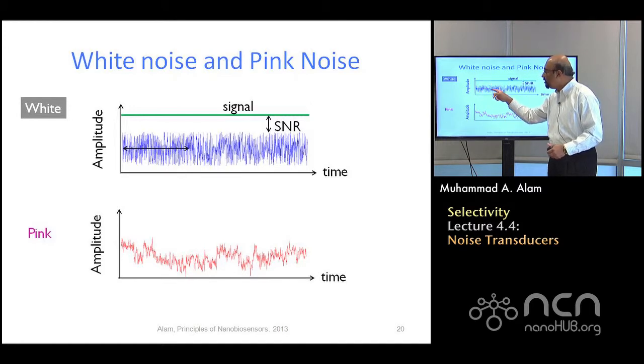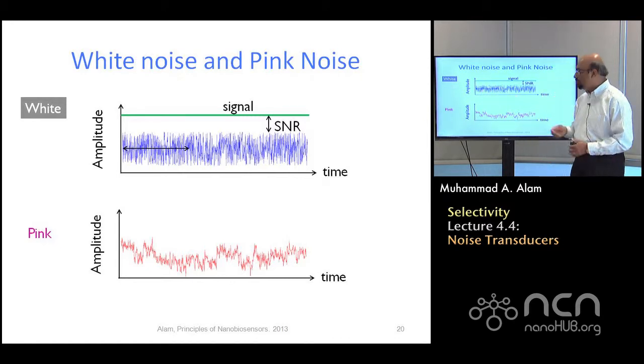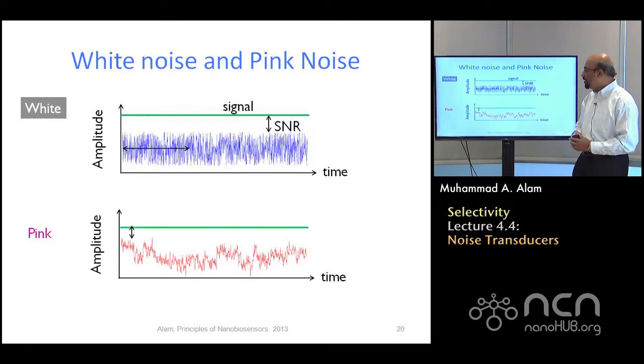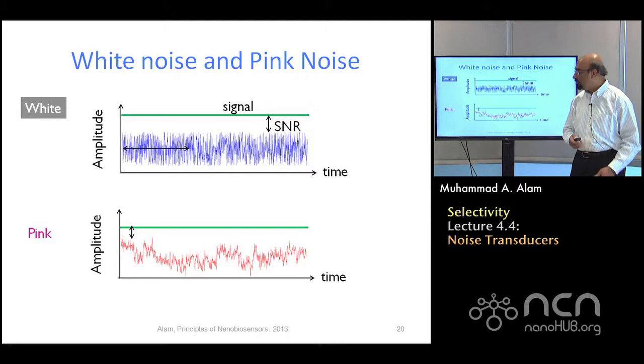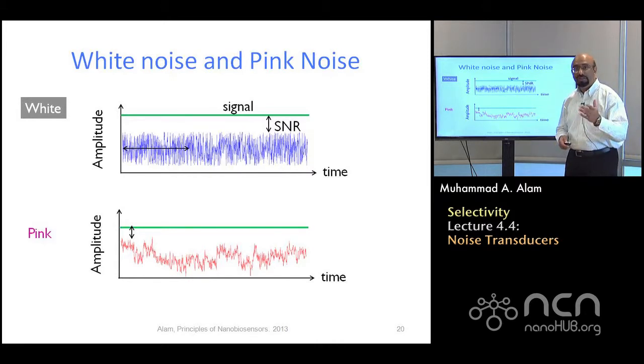In that case, as soon as you average it, because it's going up and down, this noise will be considerably suppressed, and the signal to noise ratio will improve. And the same for the pink noise. In that case also, the signal to noise ratio would be considerably enhanced.